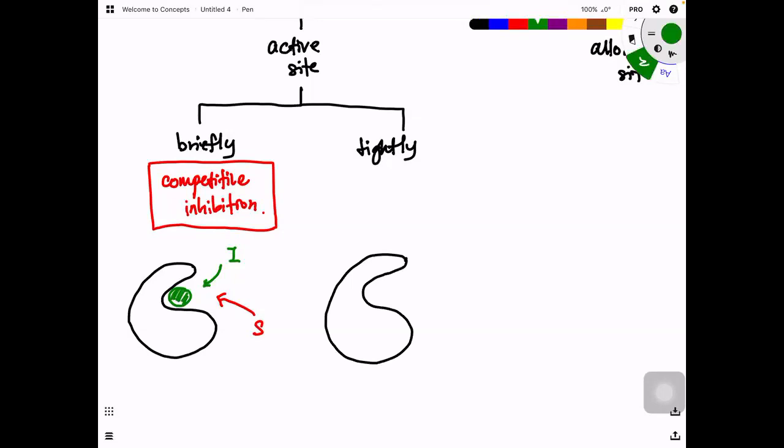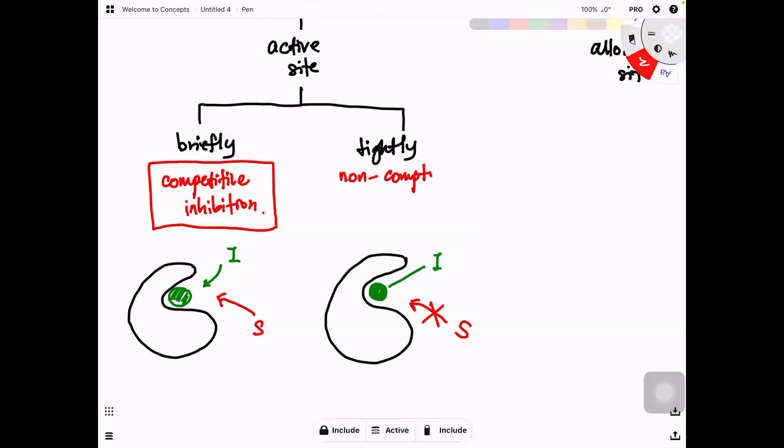If the inhibitor binds permanently, the substrate can no longer bind. There is no competition at all, right? Clear or not? Because if the inhibitor binds tightly to the active site, the substrate definitely cannot bind anymore. Are you clear? In this case, we call it non-competitive inhibition.